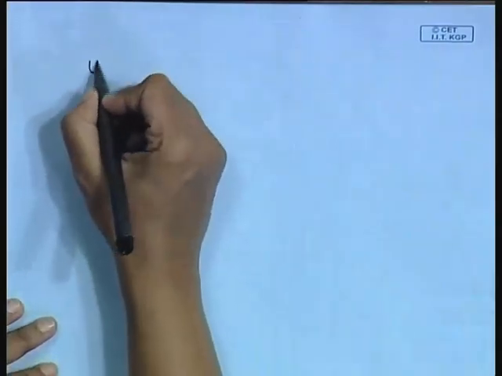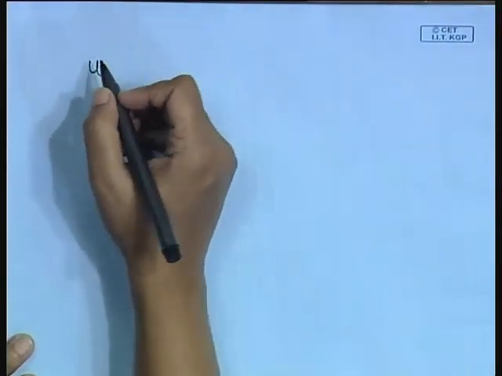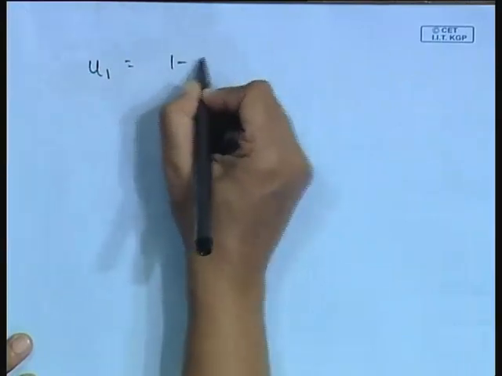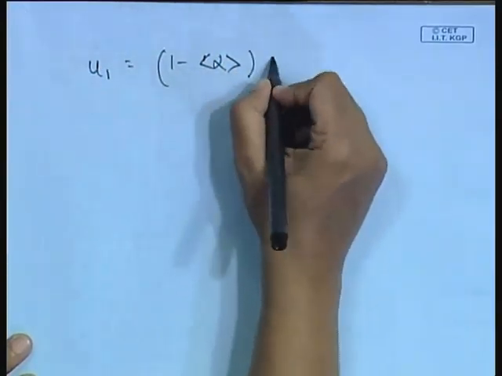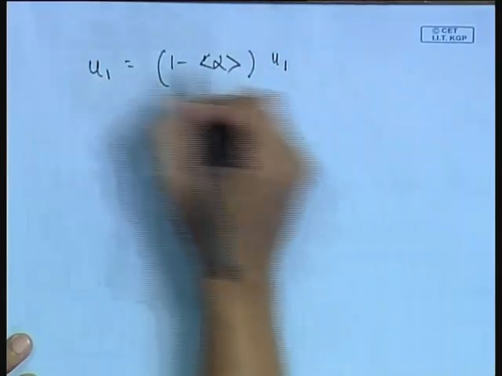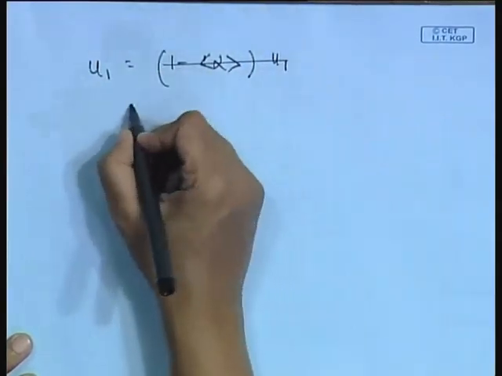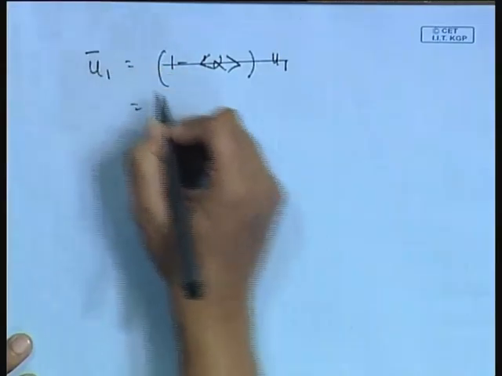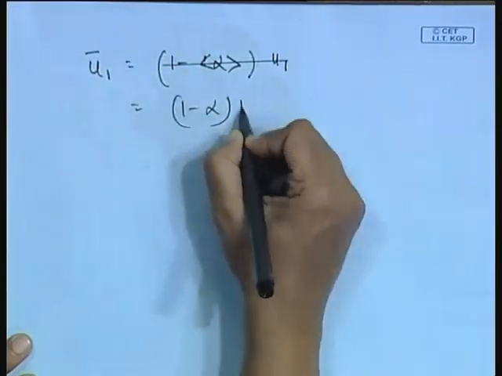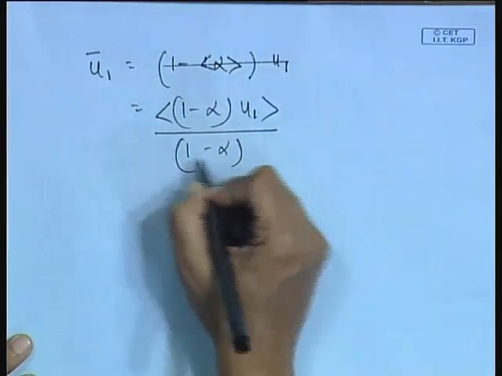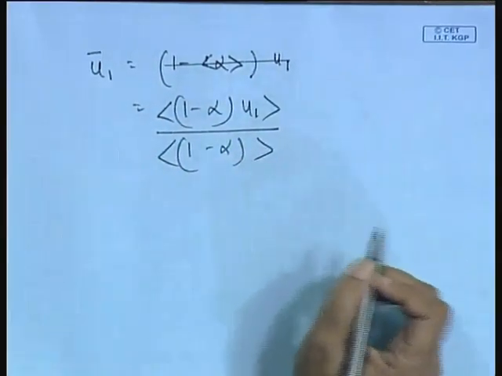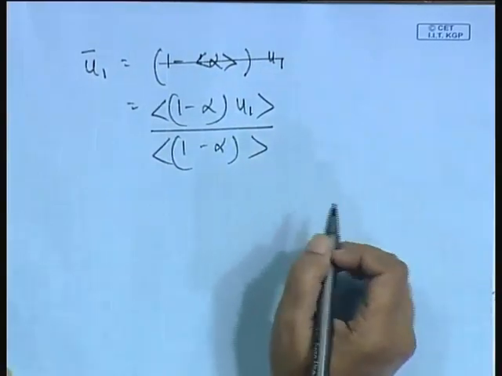It is better written as u1 bar equals 1 minus alpha u1 divided by 1 minus alpha. So, at each point you find it out and then you do it.